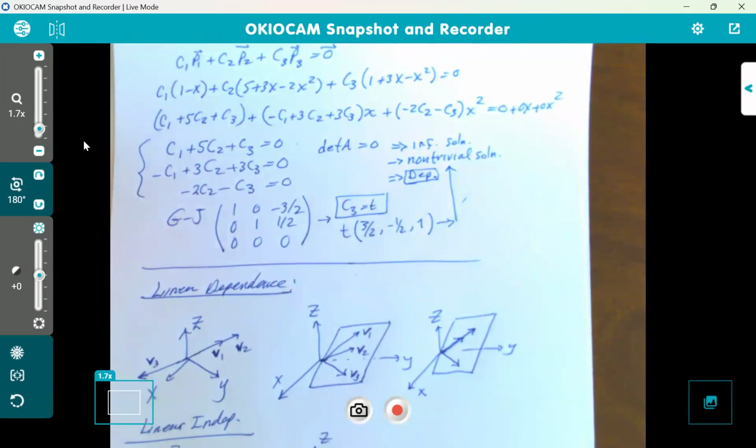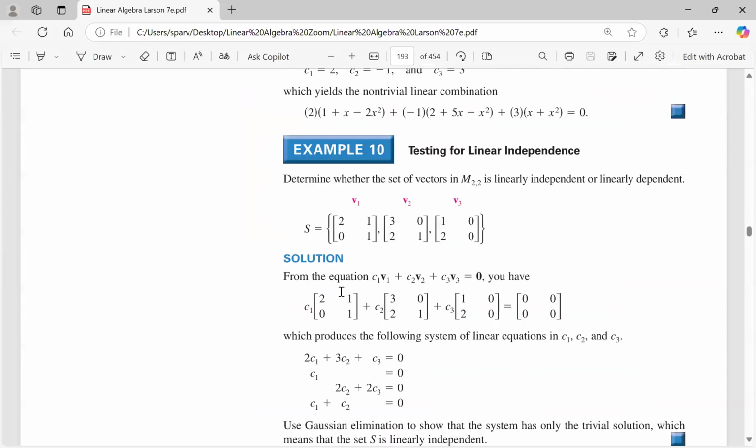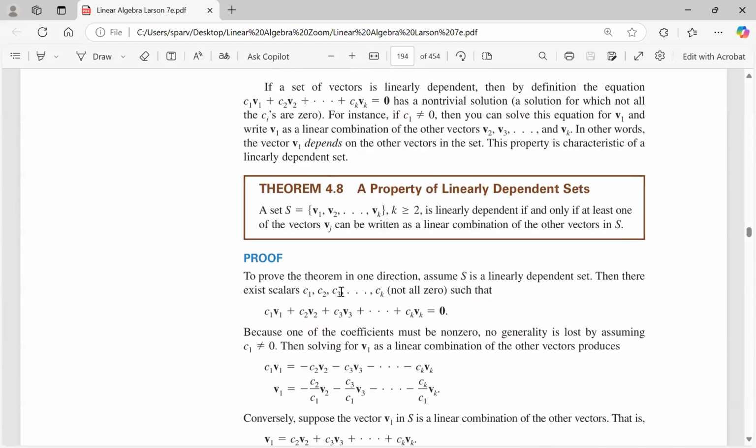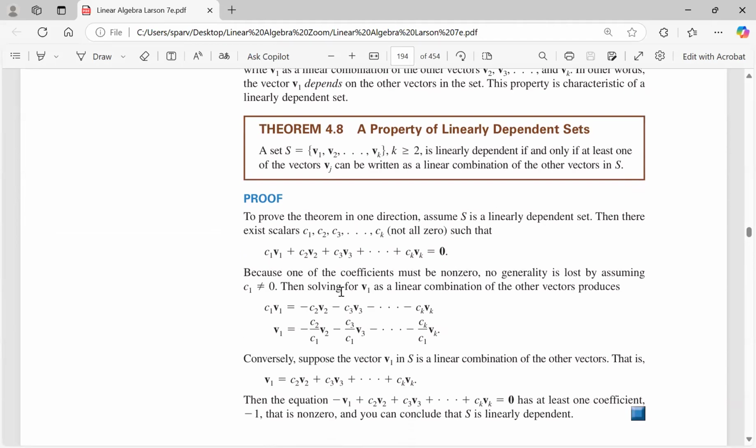Now, we are almost done. Section 4, let's look at our last work here. So I'm going to switch back to the page of the book and go to Theorem 4.8. Now this is a property of linearly dependent sets.